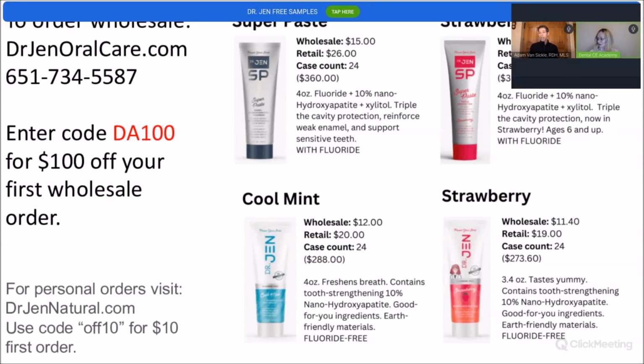Correct. So because nano-hydroxyapatite is under the umbrella of a fluoride-free toothpaste, if it doesn't have fluoride, I want to clarify that because Dr. Jen's Super Paste does have fluoride in it, all of our toothpastes are actually made and manufactured in an FDA-regulated facility that upholds all of those safety standards and procedures. We use reverse osmosis water, things of that nature that the FDA requires.